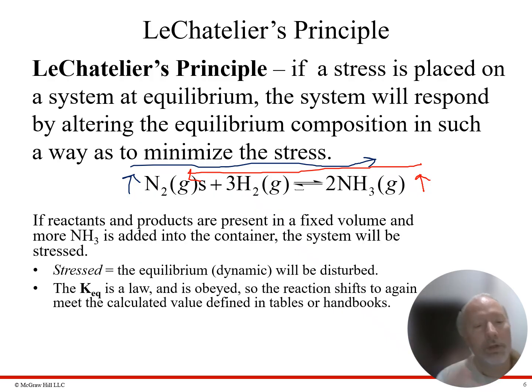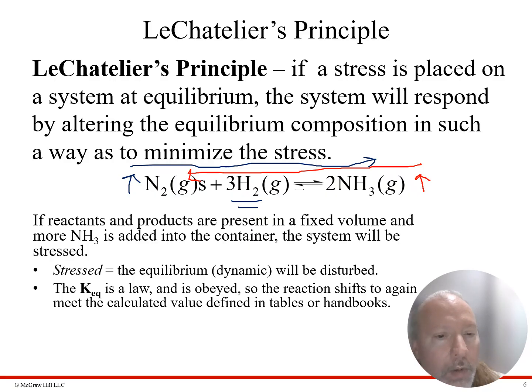So now do you see what you can do if you have a cheap reactant and you need a certain product in industry? You can just keep pumping that cheap reactant in and end up using up most of the other reactant, which might be more expensive. So say that H2 gas is the more expensive of the two, and it costs you a lot of money to buy H2 gas.